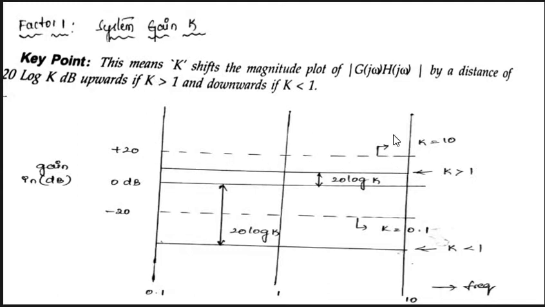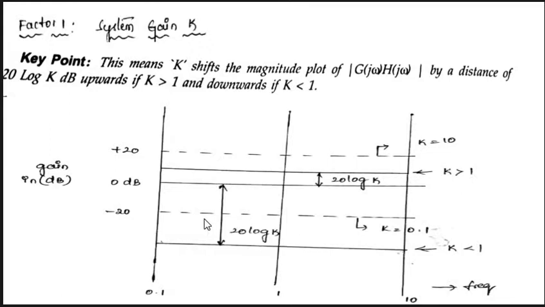For example, if k is equal to 0.1, that is less than 1, so 20 log 0.1 is nothing but minus 20. The magnitude plot is drawn at minus 20 dB.